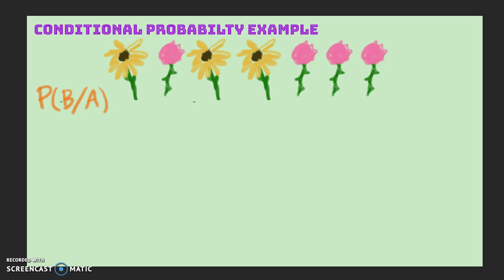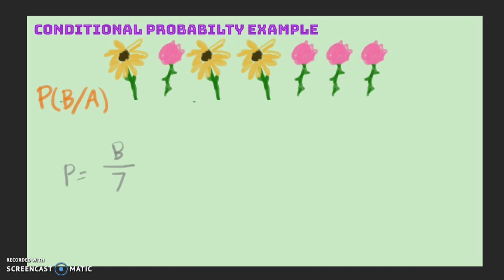Also, this right here is our equation. It means the probability of B occurring, okay, so it helps us find the probability of B occurring given that A has happened. All right.